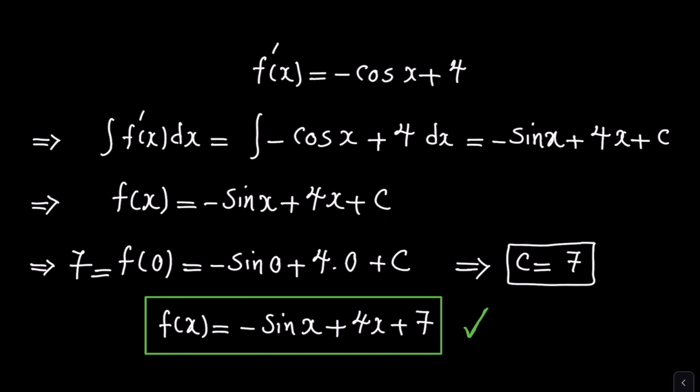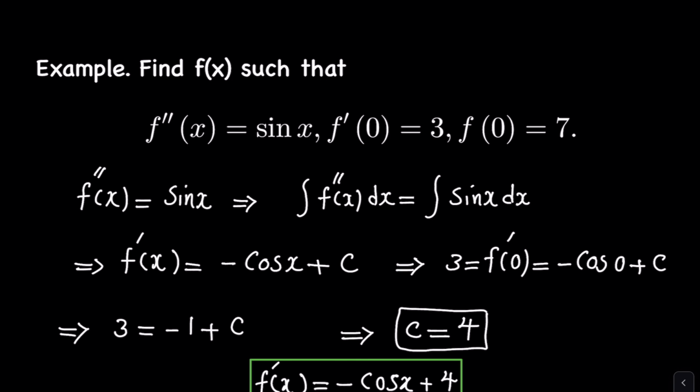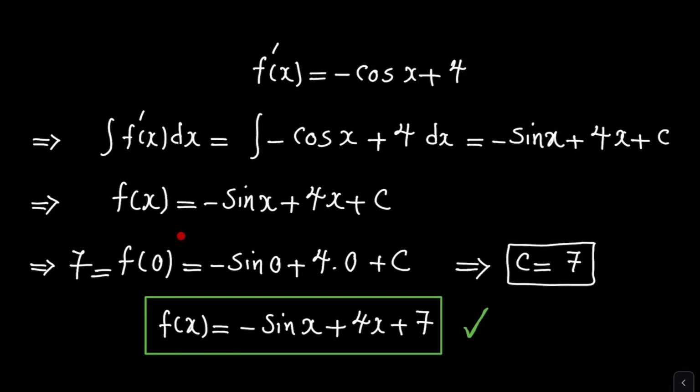Now I'm going to use this piece of information that I'm given. I know that f at 0 is 7. That's given. Here, I'm going to substitute x by 0. So f at 0 is equal to minus sine of 0, plus 4 times 0, plus c. All I'm doing is replacing x by 0 there.